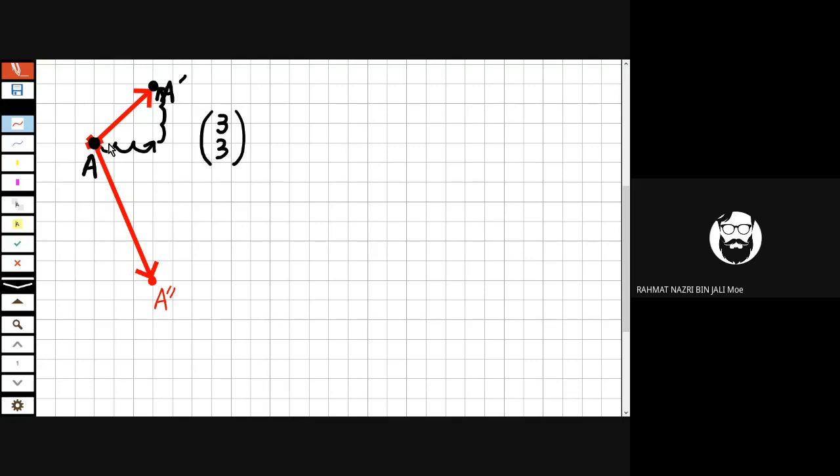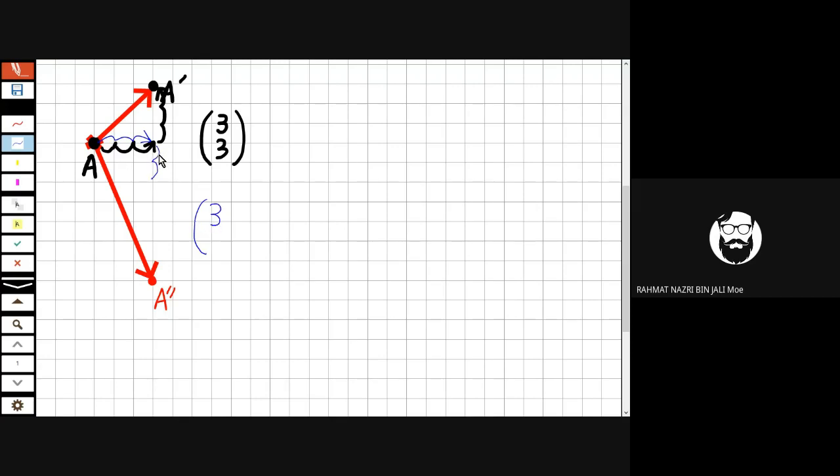Kita lihat pergerakan dia. Pertama saya guna color lain. 1, 2, 3. Kemudian dia ke bawah. 1, 2. Kita tulis dulu. 3 ke kanan maksudnya positive 3.